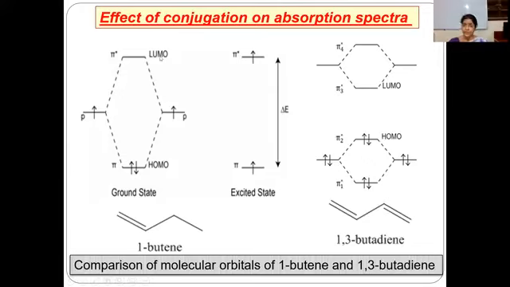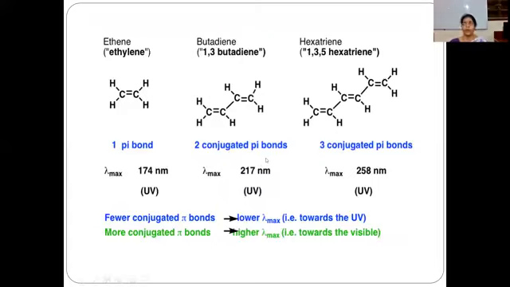The energy difference of the most probable transition decreases. That's why the value of lambda max increases on going from 1-butene to 1,3-butadiene. It means as the conjugation increases, the value of lambda max shifts towards higher values.